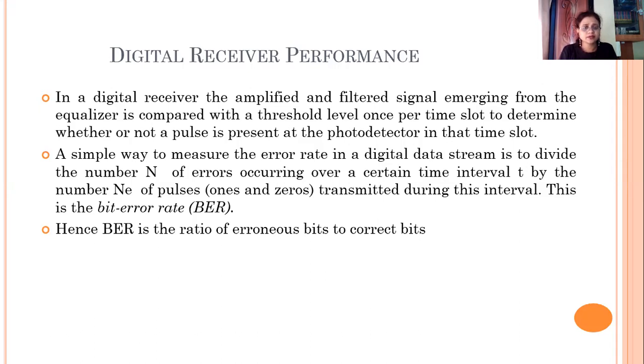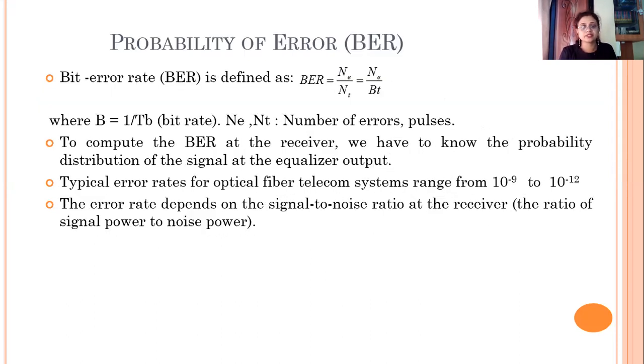This is called the bit error rate. Hence, the bit error rate is the ratio of erroneous bits to the total bits. So one can define the bit error rate as NE upon NT, where NE is the number of error bits and NT the total number of bits which are transmitted.